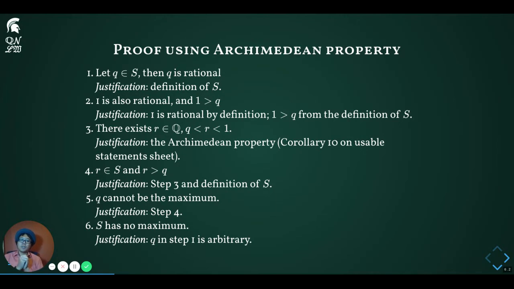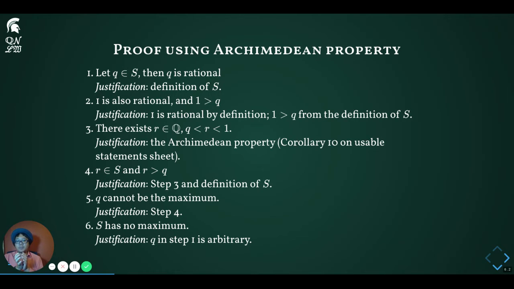Here's the proof using the Archimedean property. First, we take an arbitrary element Q from the set S. By definition, the element is rational. Next, the number 1 is also rational, and 1 is greater than Q since Q is in S. Using one of the consequences of the Archimedean property, which appears as corollary 10 on the usable statements sheet, we can guarantee the existence of a rational number r between Q and 1.